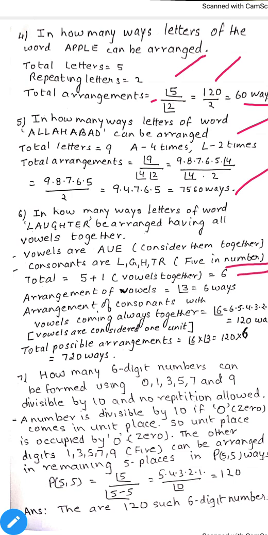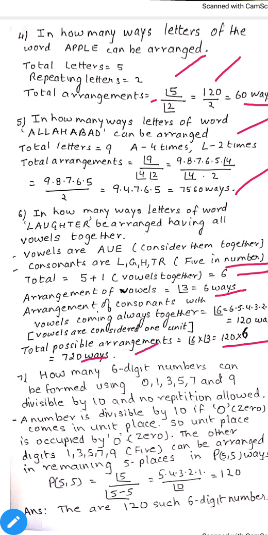So there are six objects now. So arrangement of vowels is factorial 3, since there are 3 vowels, 6 ways. Arrangement of consonants with vowels coming together is factorial 6. Factorial 6 is 720. So total possibilities is 720 into 6, that is 4320 ways.